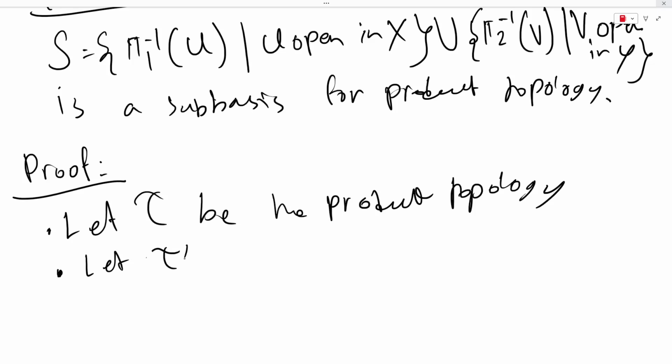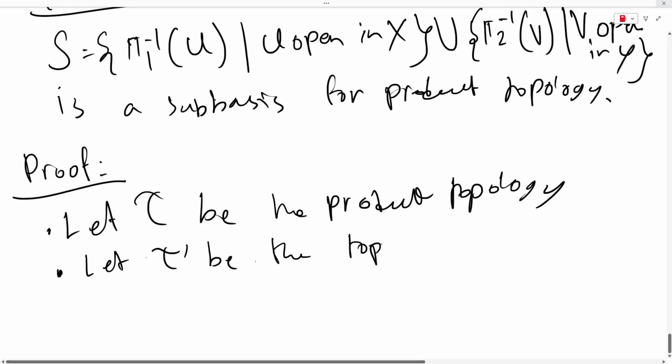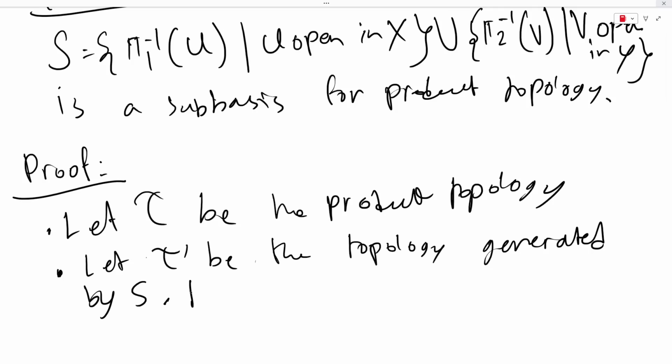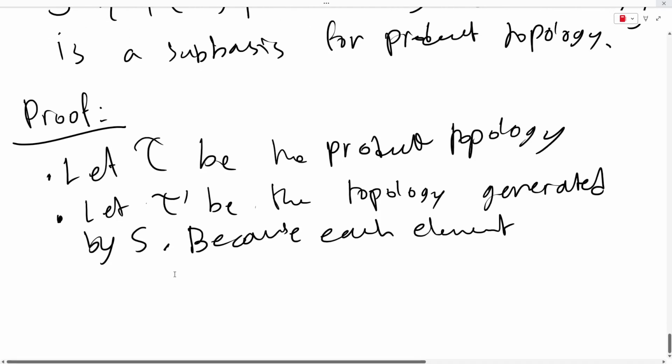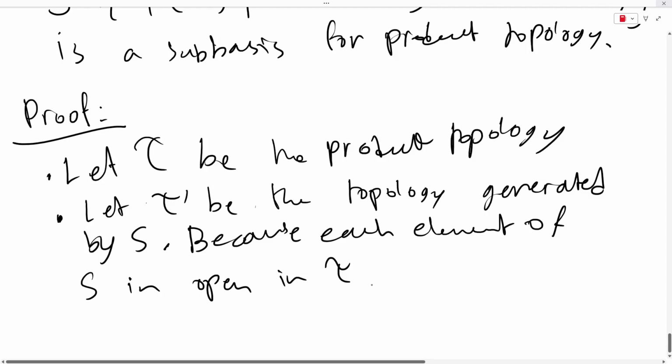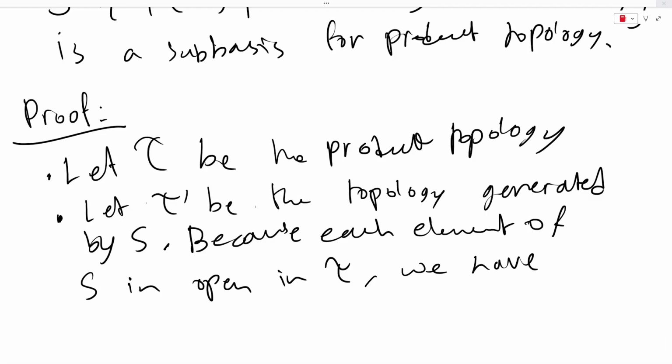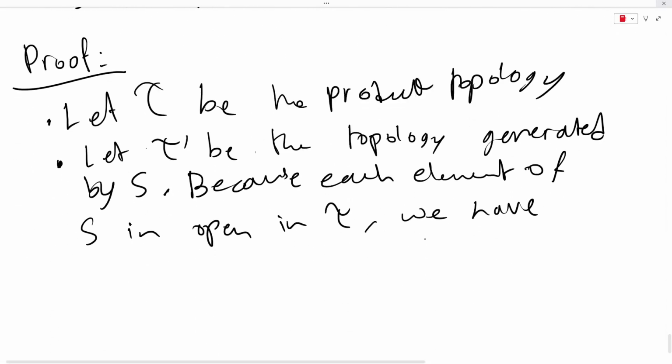Let tau prime be the topology generated by S. Because each element of S is open in tau, we have tau prime contained in tau, which makes sense.